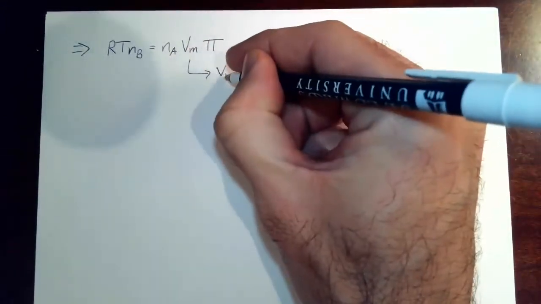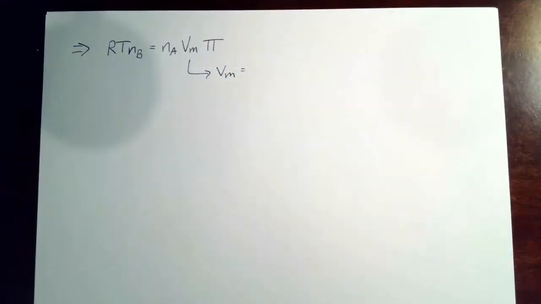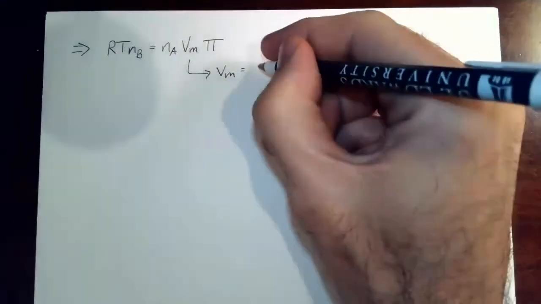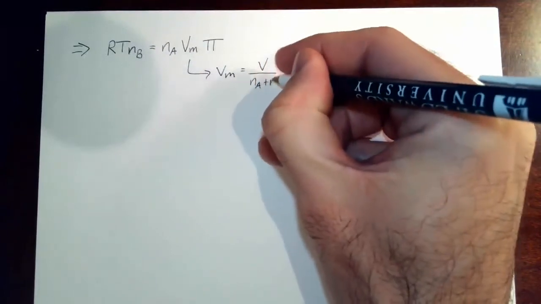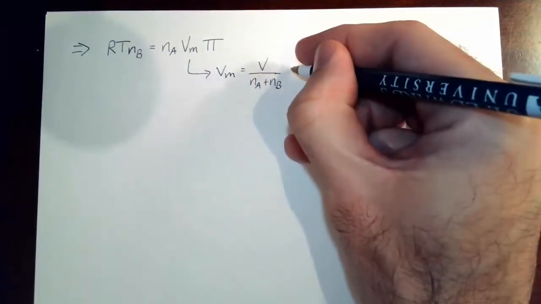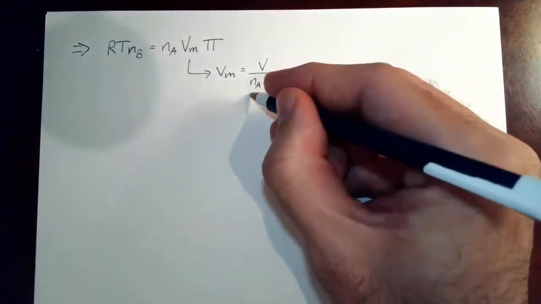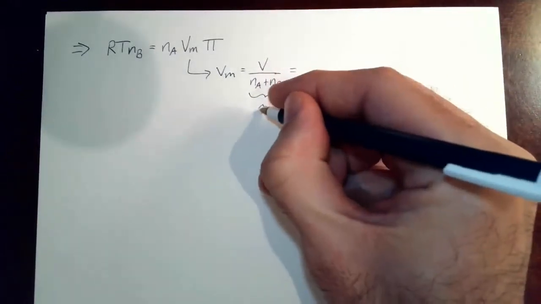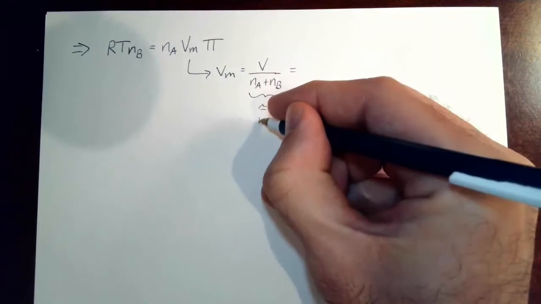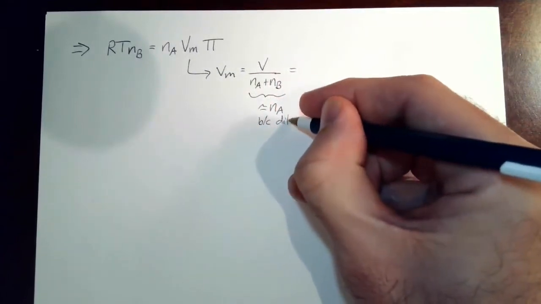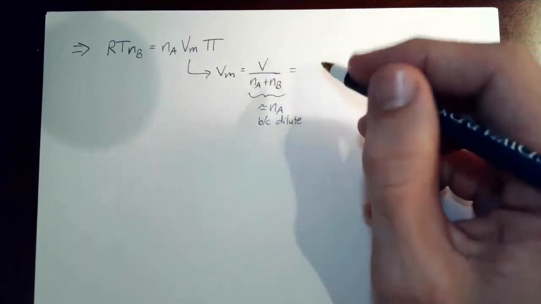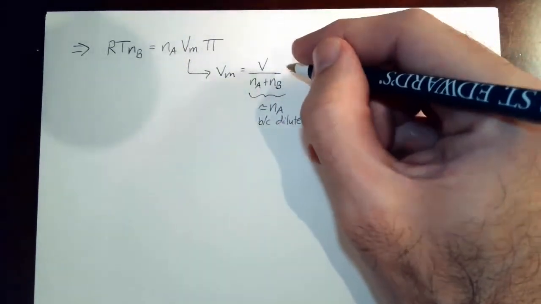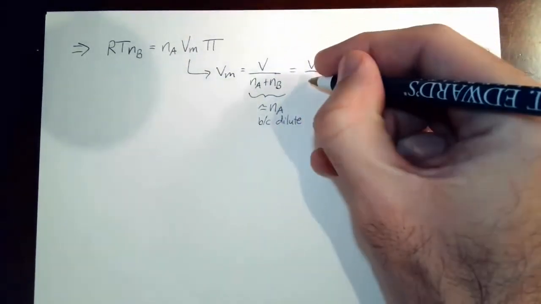So Vm, the definition of Vm is the volume per mole, so that's the total volume, divided by the total number of moles. And again, I have Na plus Nb in the denominator. I'm going to approximate this with Na because it's dilute. So Nb is very small compared to Na. And therefore, this is V over Na.